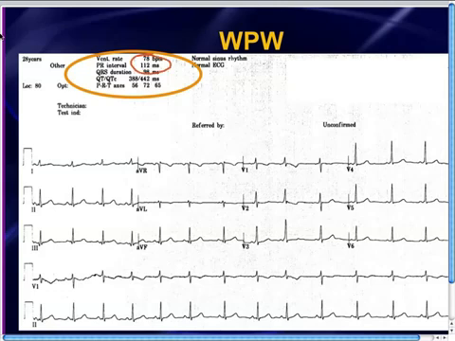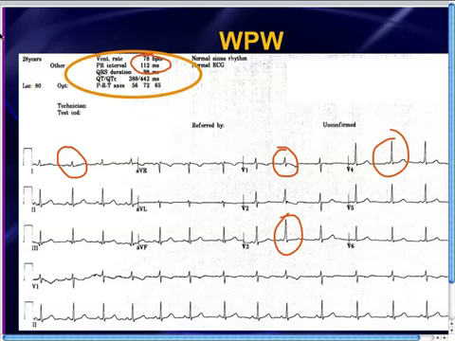So please remember to look at the PR interval, and when you see a short PR, let that be the tip-off to start diligently looking everywhere for delta waves. Now that you're looking in all 12 leads, you notice there's a delta wave in lead 1, maybe in V1, and maybe just a hint of it in V2, but definitely V3 and V4, not so much in V5. Look at what I've circled.